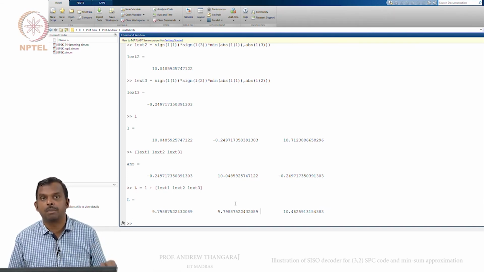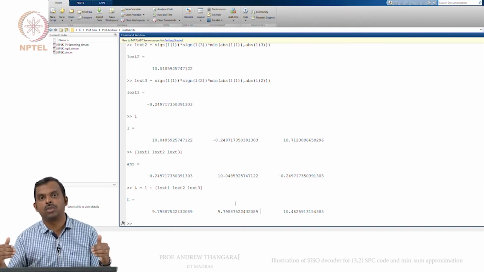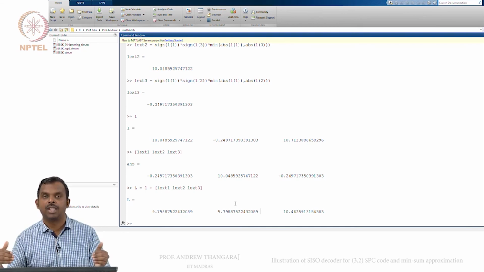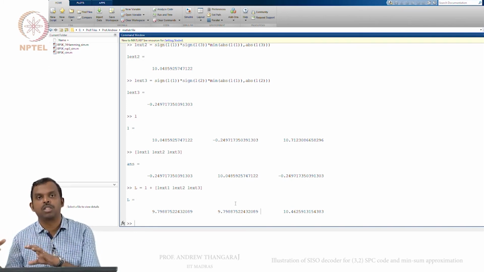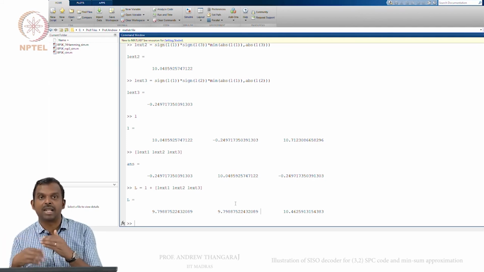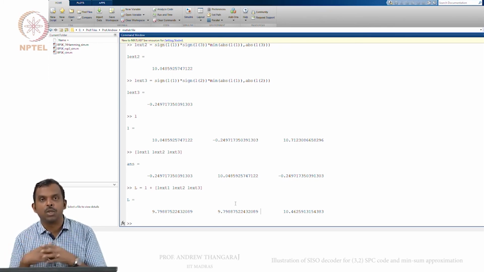Okay. So, this was a simple illustration of two things. First, how the single parity check SISO decoder works. You have received values, you convert them into LLRs, and then you use this f function and do some nonlinear calculation, you get one decoder, or you do this approximation, the min sum approximation, and we see that the beliefs get updated very nicely. The channel LLR gets updated with this extrinsic LLR and you get an output LLR capital L as we showed here, and these tend to be very good.